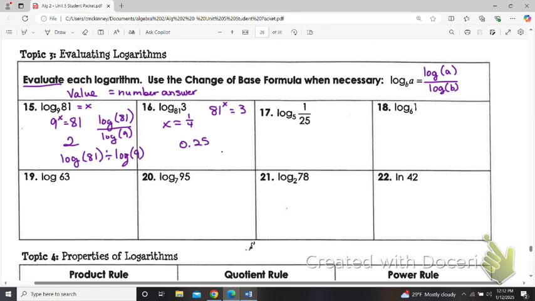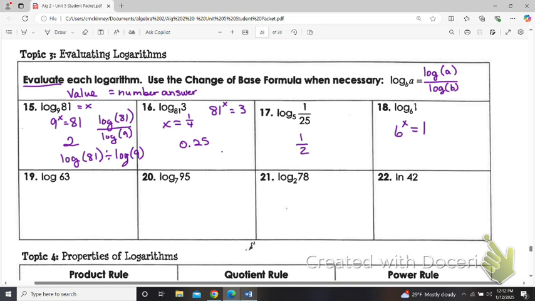So these, if you try them, then see if you are getting the same answers, although I see that I got a little lazy and didn't fill out my paper. So this should be 1/2. And 6 to what power would be 1?